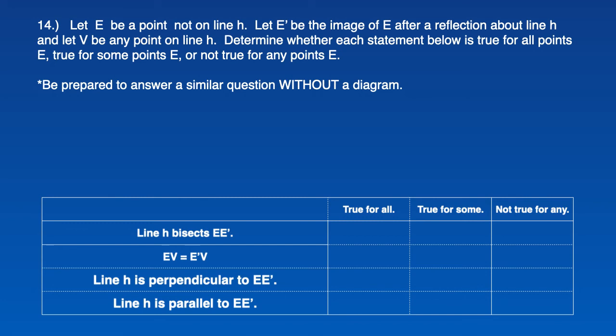So let me show you a diagram that I made of this situation. You should learn it so that you can sketch it out on the exam and answer these questions. I'll read the question again as you look at the picture so it'll make more sense.